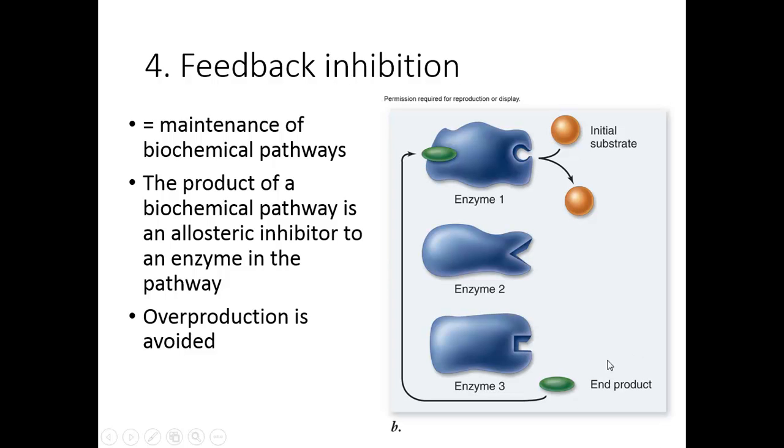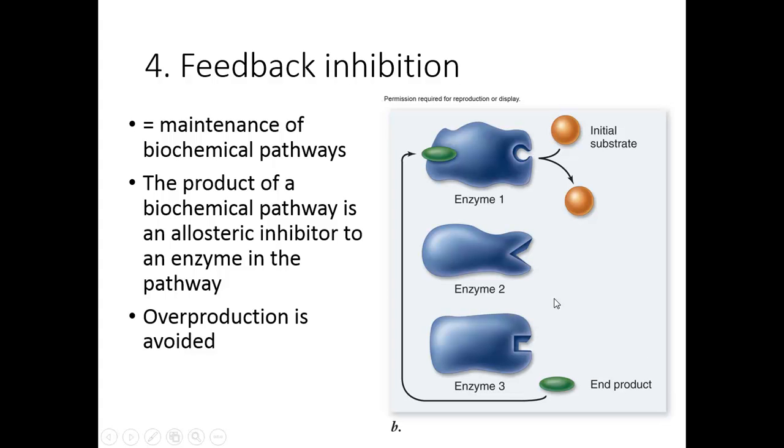So the end product, say this is a protein needed to digest food. It will be activated when food is present. It will go through a biochemical product, and then the end product will bind to the enzyme and decrease its ability to function in the future.